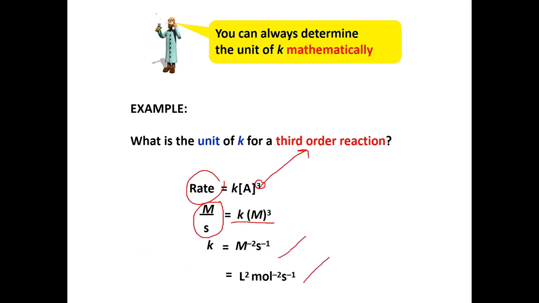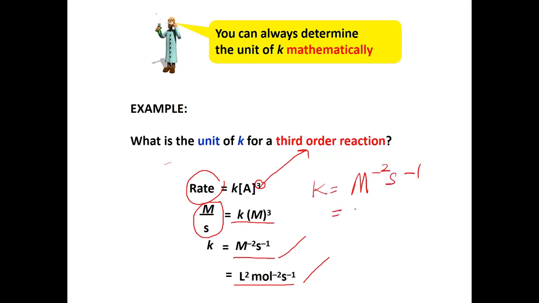Also you can write it like this. So now your K is M negative 2 S negative 1.